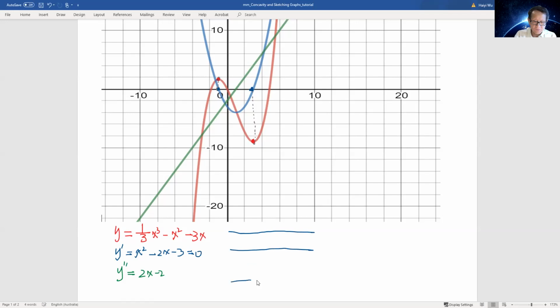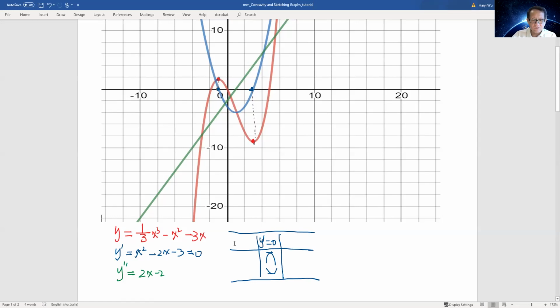For the relationship between the first derivative and the graph, we can use this table. If y dash equals 0, which is the first derivative equal to 0, the graph achieves either a maximum turning point or a minimum turning point. So this is situation number 1.